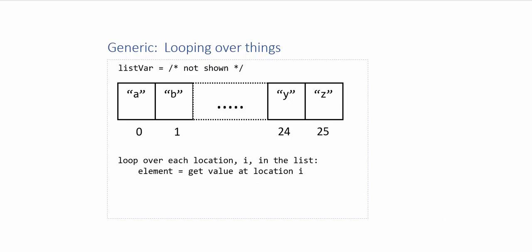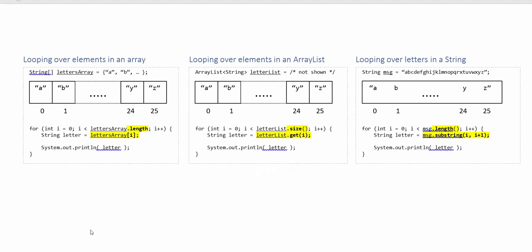And then you have a statement where you get whatever value is at location i, and you save it into a variable. What's different, though, is that the way you ask the variable what its size is is different depending on what kind of data structure you have, and the way you ask it to give you the value at location i is different. So in an array, you say .length to figure out how many things you're looping over. For an array list, you say .size. And for a string, you say .length, but with parentheses because it's a method.